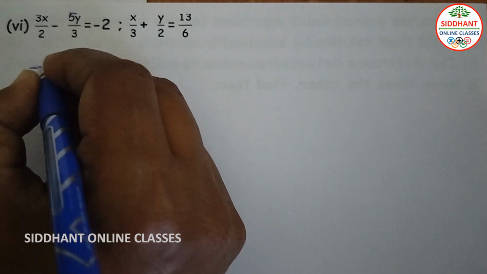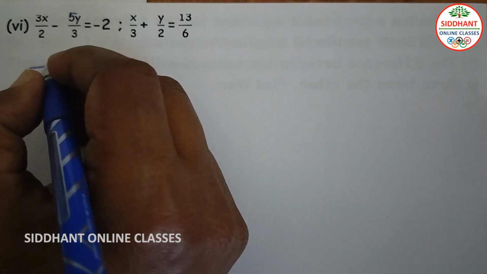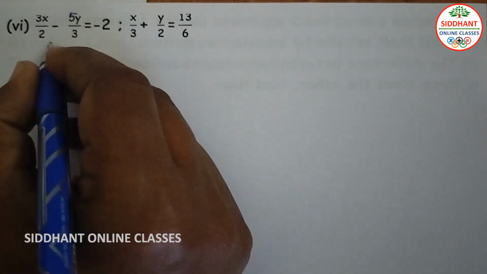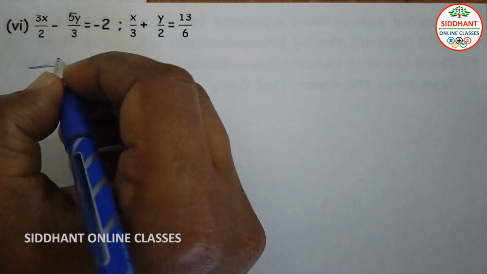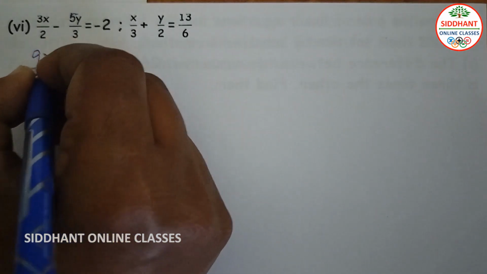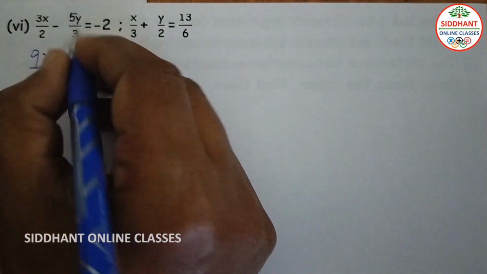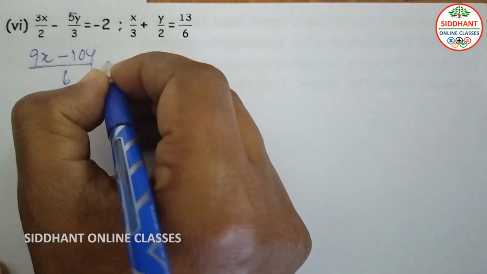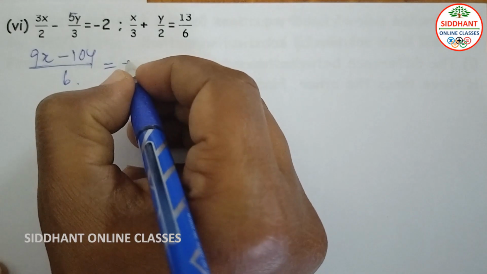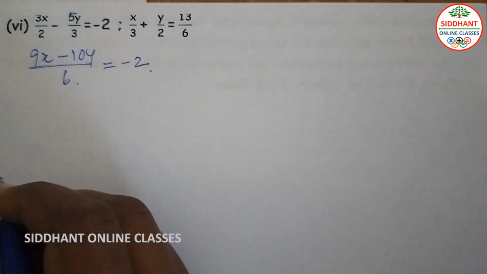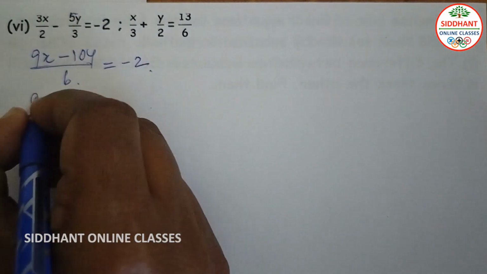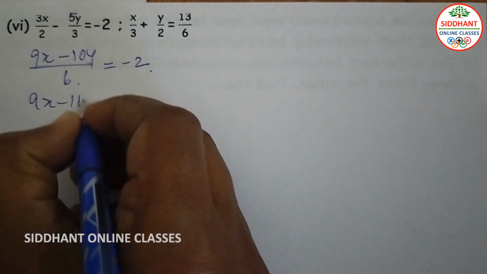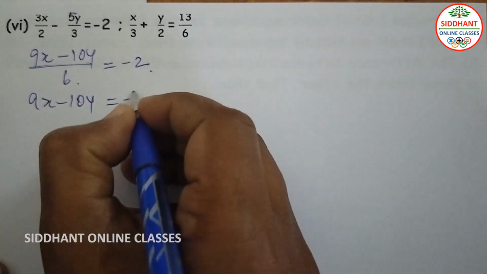So here 3 into 3x will be 9x minus here 2 into 5, that means 10y equal to minus 2 here. So of that 9x minus 10y equal to minus 12.